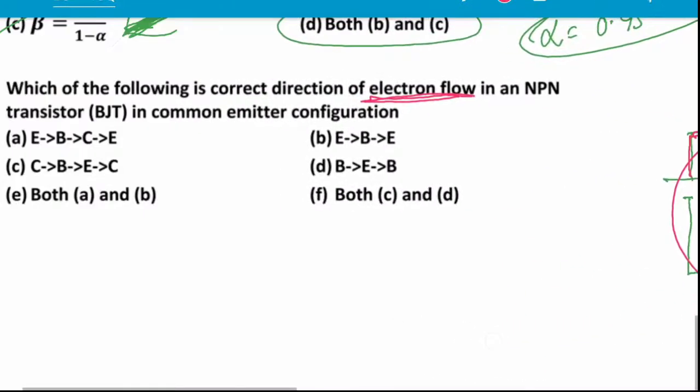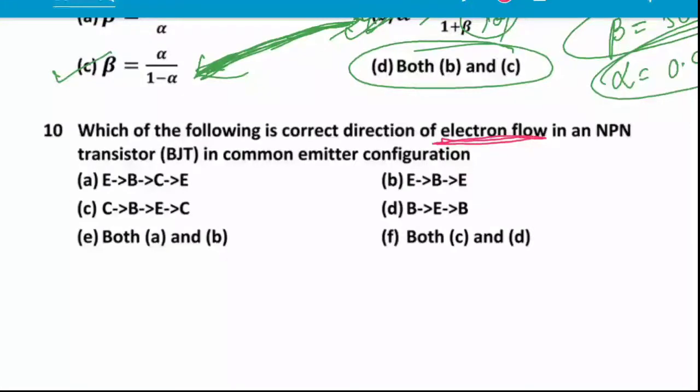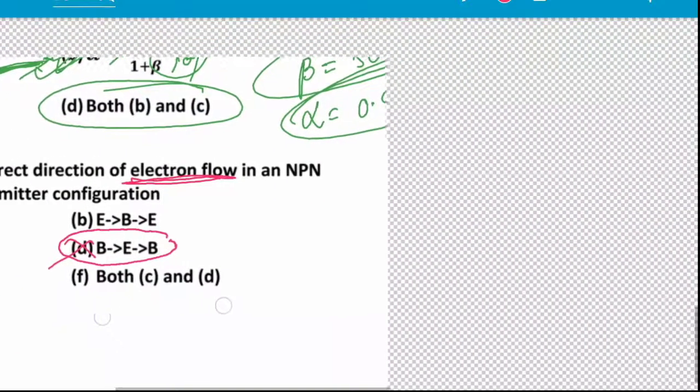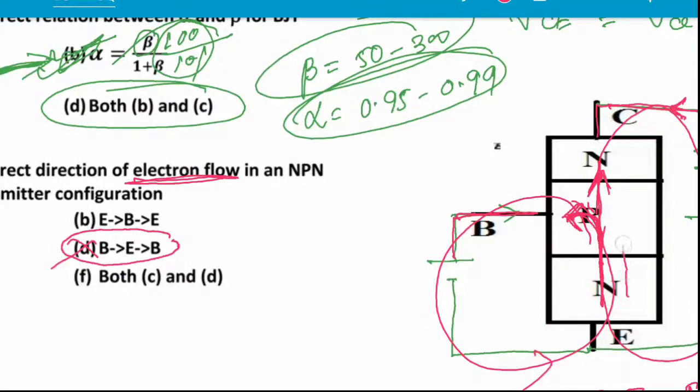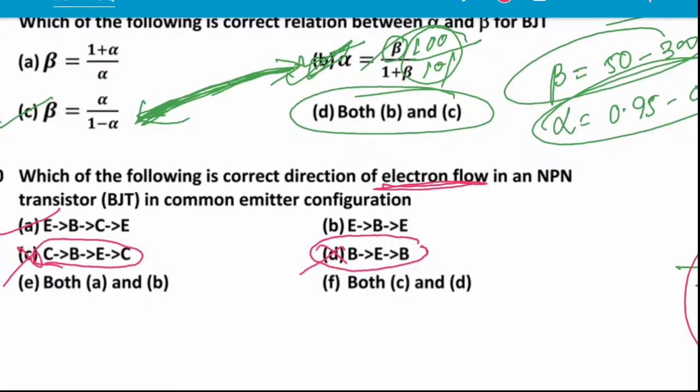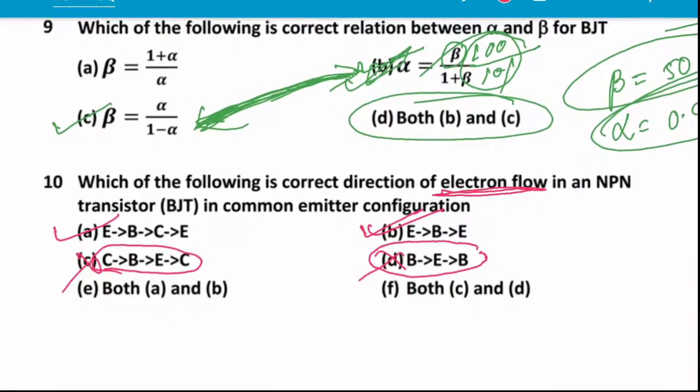So here in the options I have given collector, base, emitter, collector, and option D is base, emitter, base. These are not correct. This one is correct because emitter to base to collector to emitter, with the current flow in the outer circuit, and this one is also correct. So option E, that is both A and B, is the correct answer.